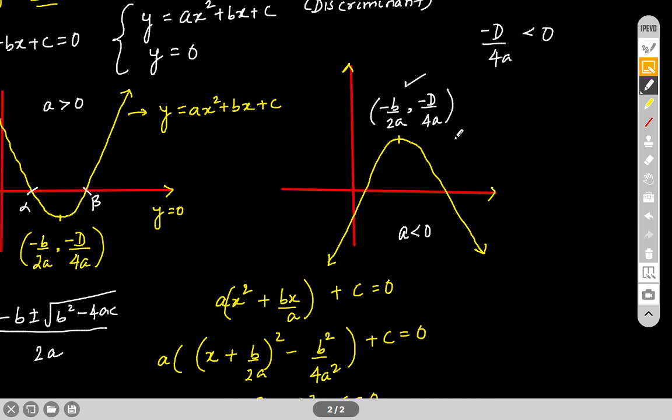So if minus d by 4a is negative, that means minus d is negative, which means d is positive. So this gives you the condition for having real and distinct roots. Okay, got it.